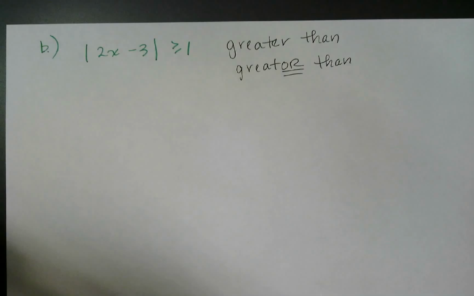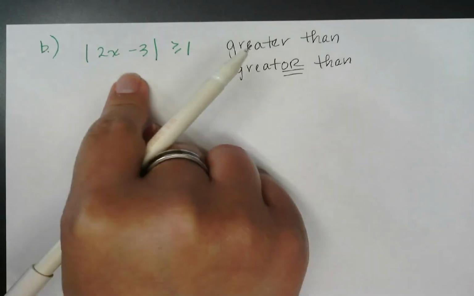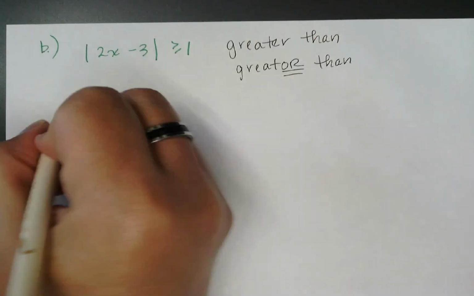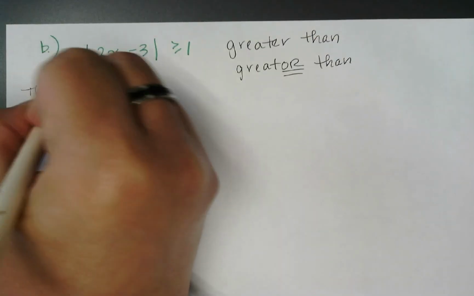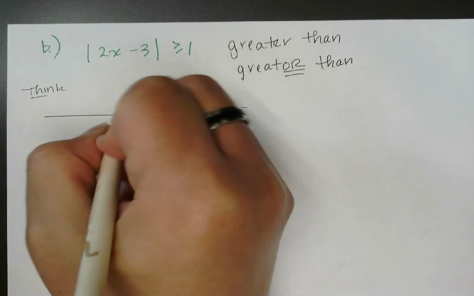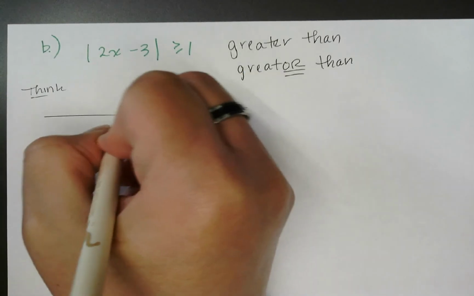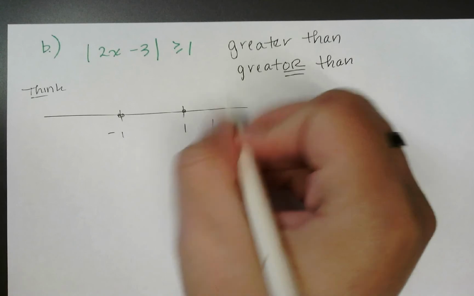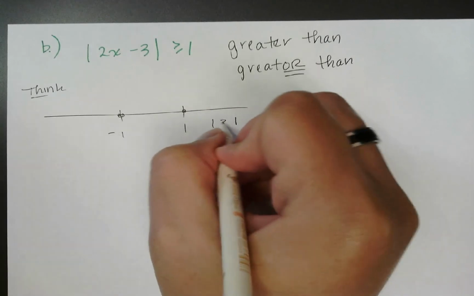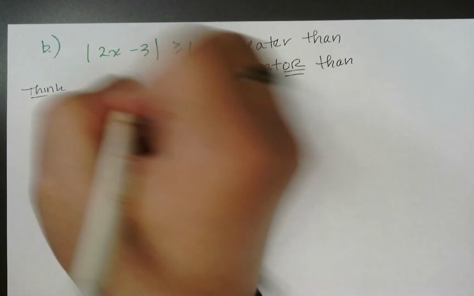So very quick, I'll do it. Think graph. Okay, 1 and negative 1, these would be closed. So absolute value of, pick a number bigger than 1, 3. Is that greater than or equal to 1? 3 is greater than or equal to 1, so yes, no, yes.